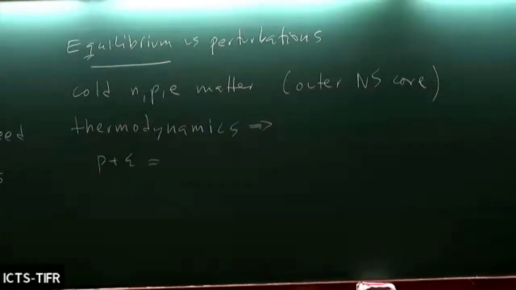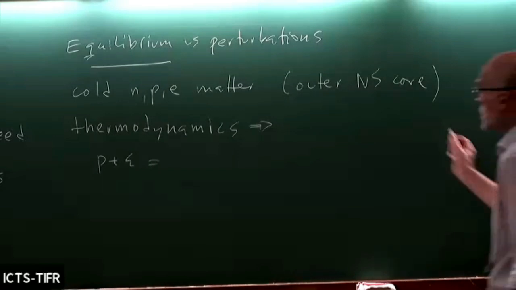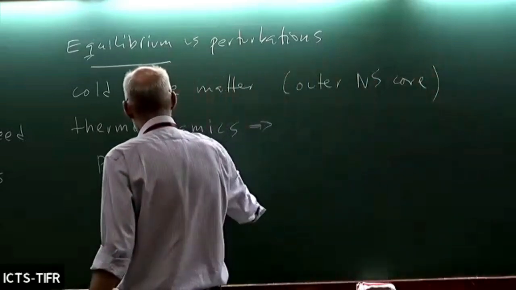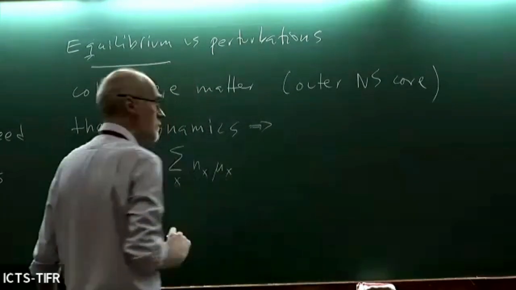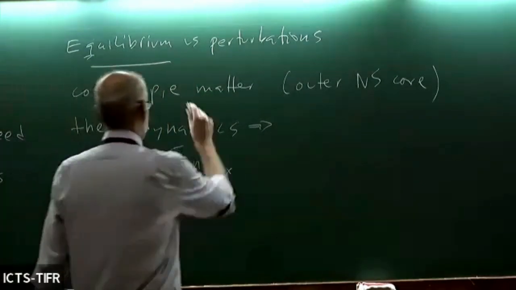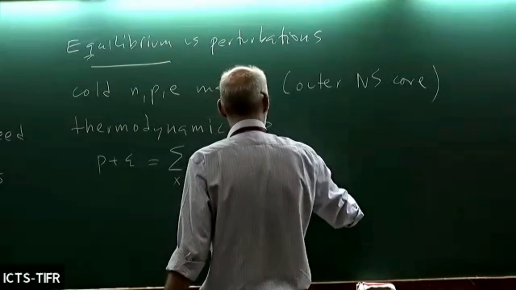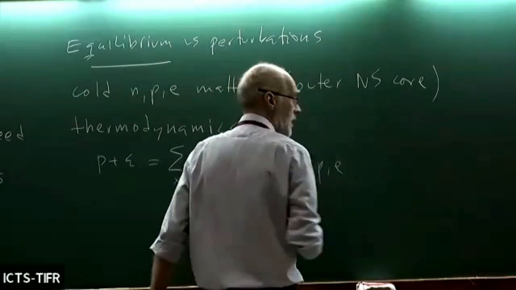But now I have 3 species. They each have their own chemical potentials. They have their own number density, right? So really now I need to do something like this, add them up. Okay. X is now a label, something like that.